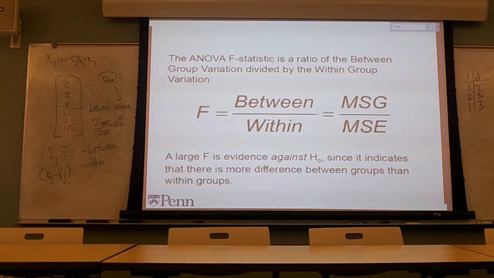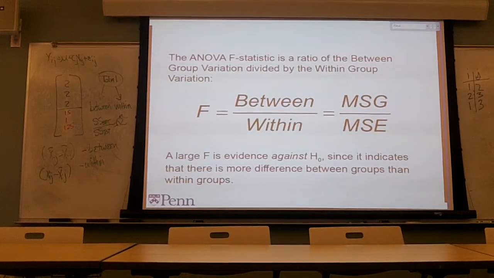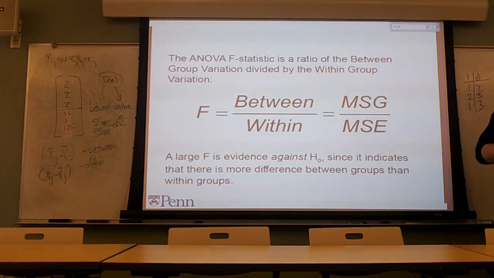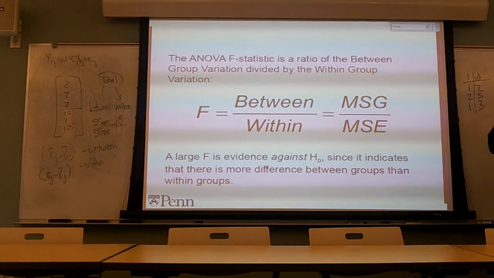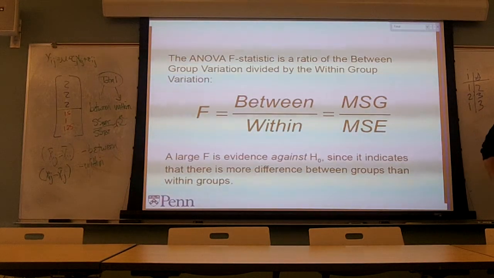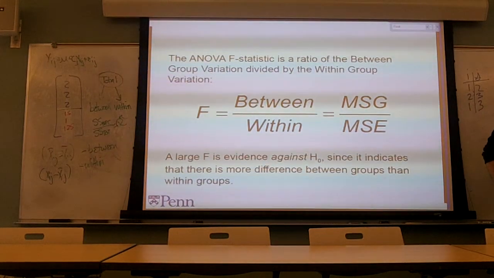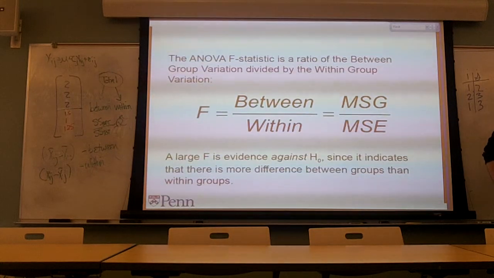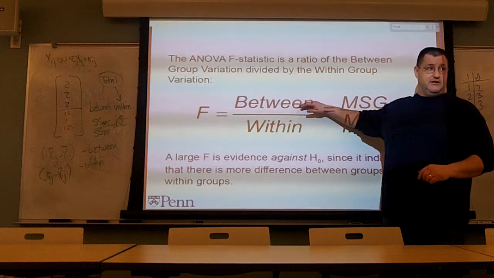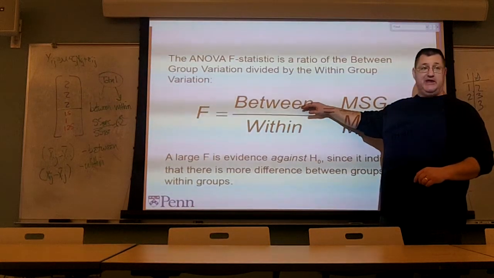Okay, so then our test statistic for the ANOVA is the F statistic. F. I don't know why F, but F. Doesn't have anything to do with cursing or anything like that. But essentially what we're interested in looking at is the analysis of variance. We're interested in looking at the ratio of the variability due to between groups variance.